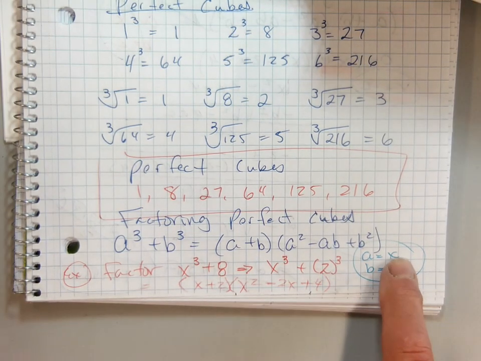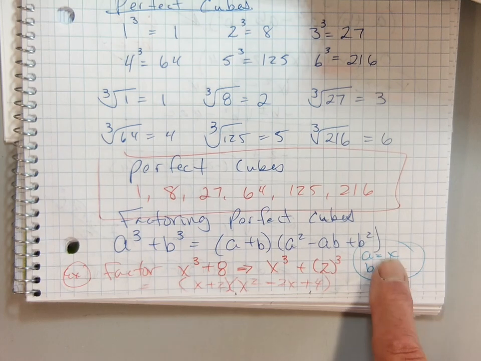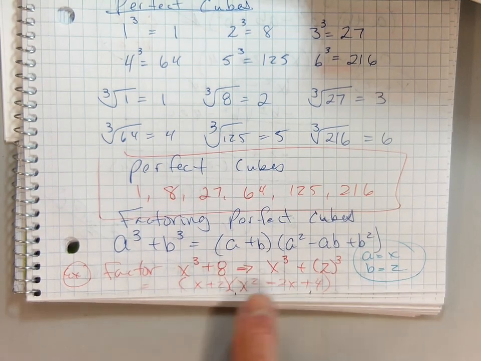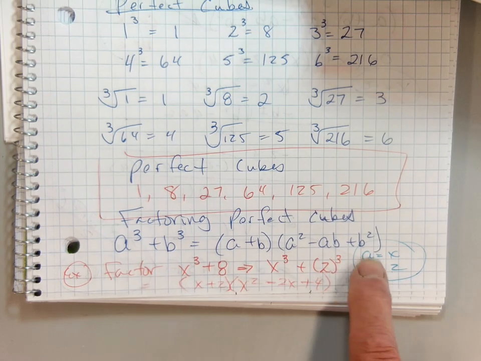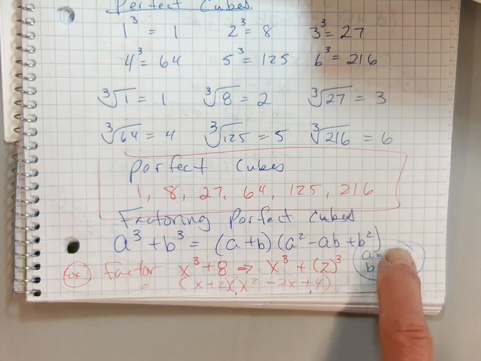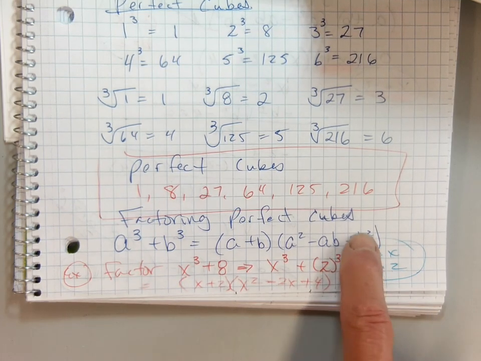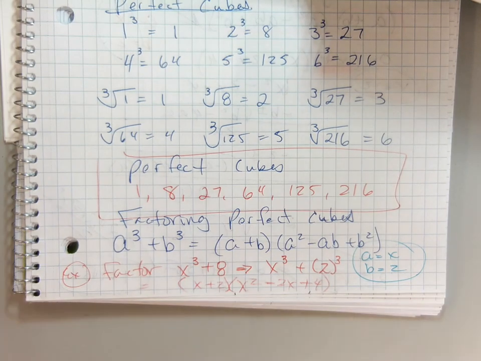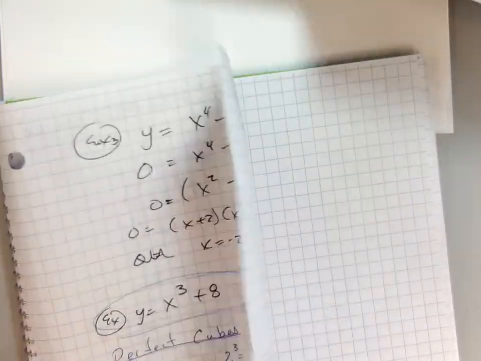Then all I have to do is plug these into the formula. I'm going to put x in for all the a's, so instead of a plus b, it's going to be x plus 2. And a squared would be x squared. ab means to multiply those two, so I get a negative 2x, plus b squared, which is plus 2 squared, which is 4. That's it. It's factored.